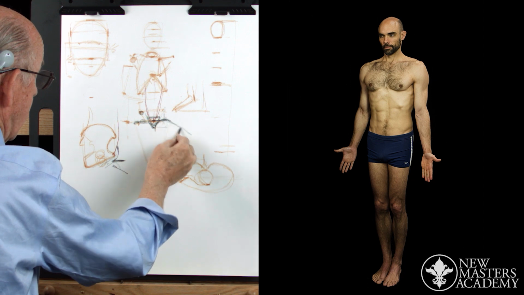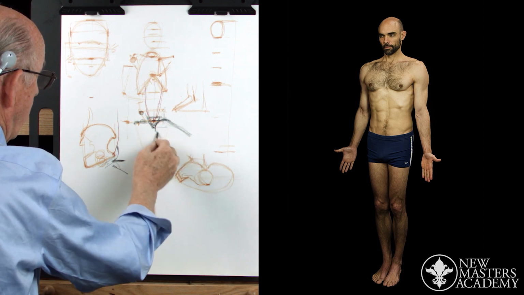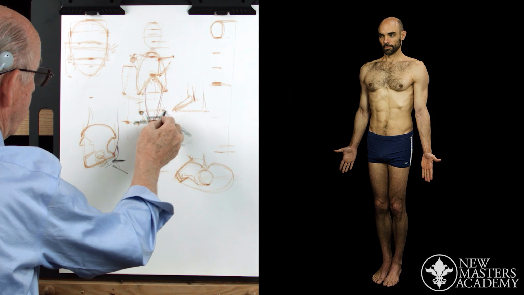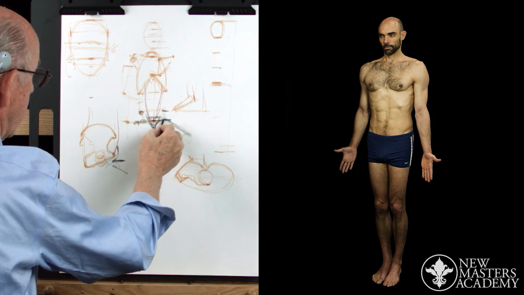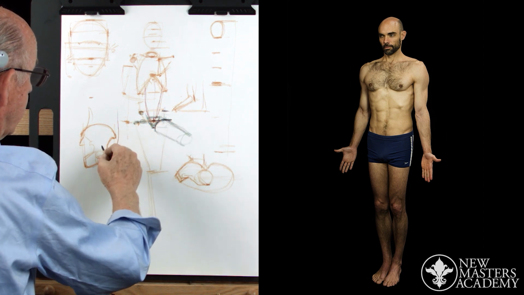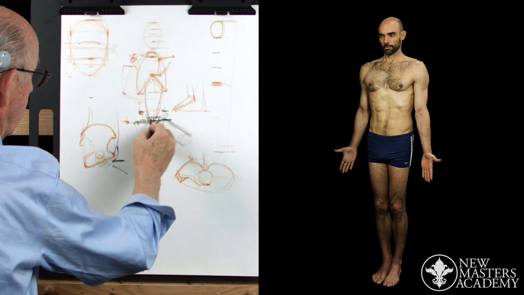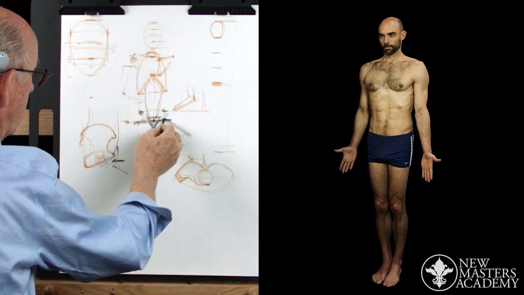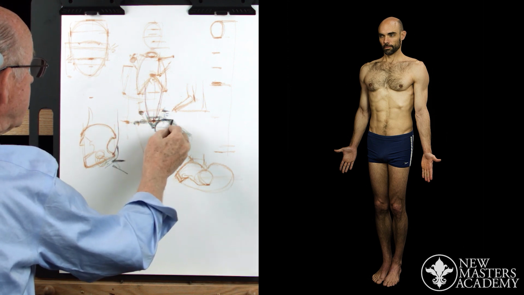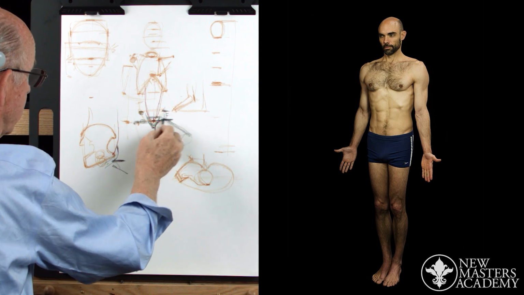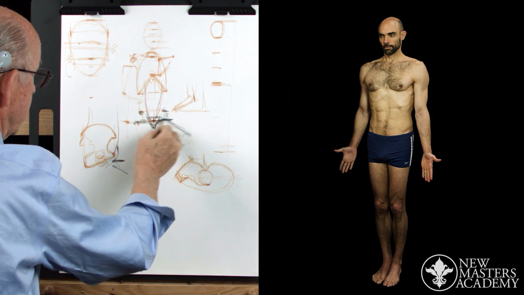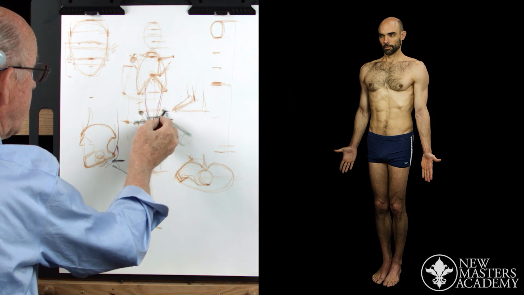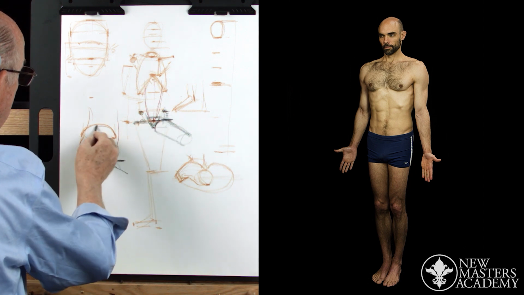If that leg was going out, it would be bending at this point. So from here to there, you have a basic 3-finger gap. This is a mistake that many beginning students, most beginning students, make: they think of the leg as being attached to the end of the pelvis up here.